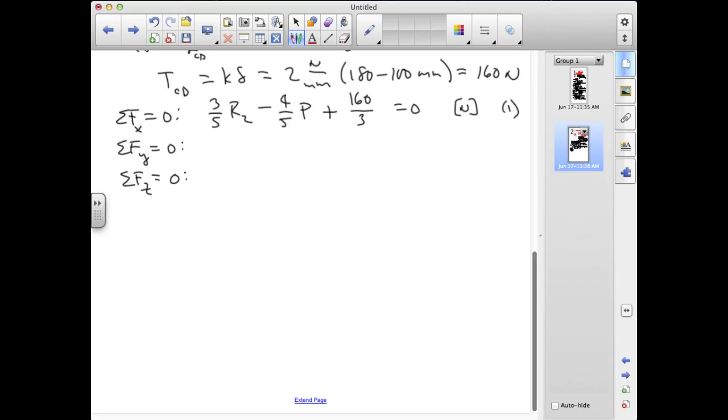In the y direction, we have 4/5 R2 plus 3/5 P minus 320 over 3 equals 0. And finally, in the z direction, we have just the reaction force R1 plus 320 over 3 equals 0.